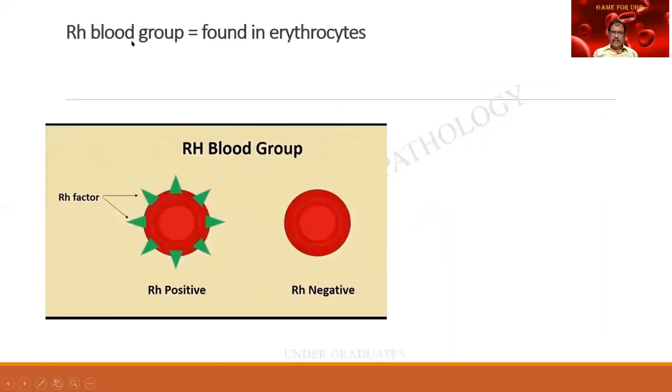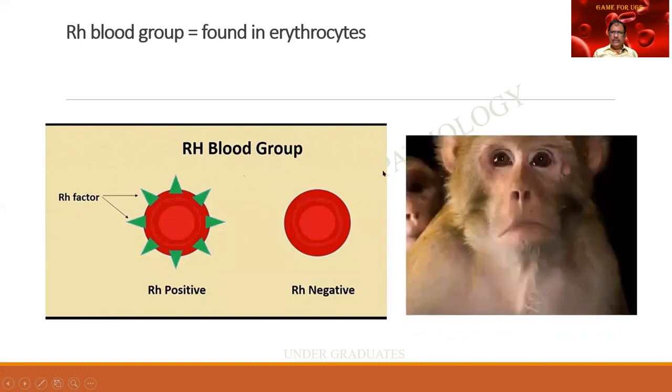There is another group called the Rh blood group. It is based on the Rh factor, again found on the RBC as spikes. There is an entity called Rh positive, and another one without the Rh factor is called Rh negative. It is found in the erythrocytes of the rhesus monkey, hence the term Rh blood group.